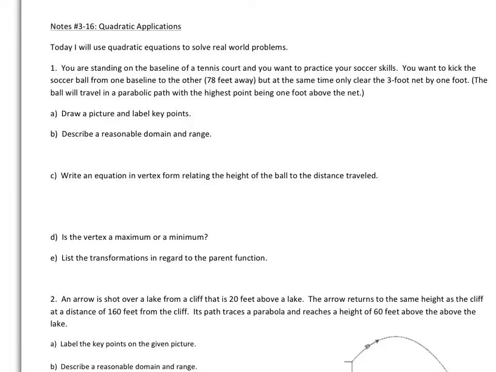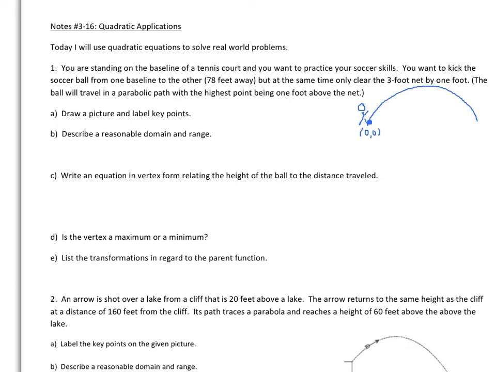Okay, if we have this person here, and he's going to kick the ball in a parabolic path, then it's going to look something like this. Where he begins to kick the ball, we're going to call that point 0, 0. So I'm going to label this point right here. Now, the other thing that it says is that the baseline on the other side is 78 feet away.